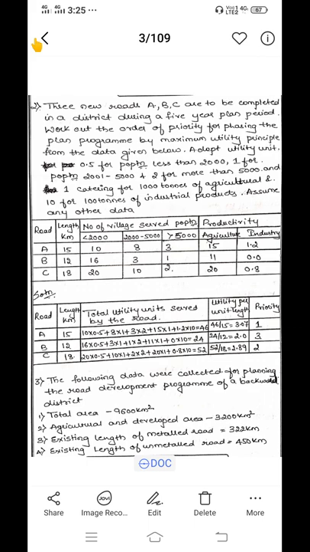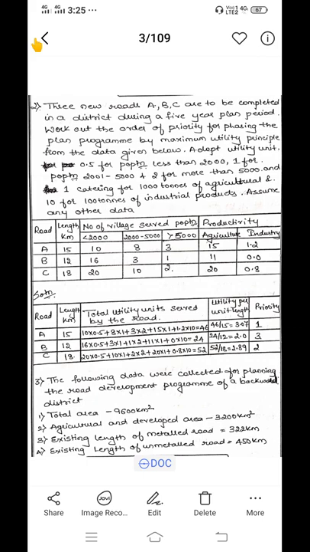Okay, we'll solve the solution here. We'll draw one table containing roads A, B, C. Three different roads are there, and the lengths are given: for A it is 15, B 12, C 18. So total utility units served by the road: 10 into 0.5. Population is less than 2000, so 10 villages with population less than 2000, and utility unit is 0.5.